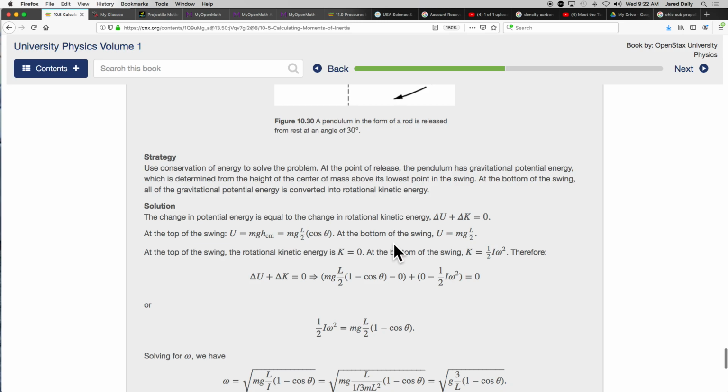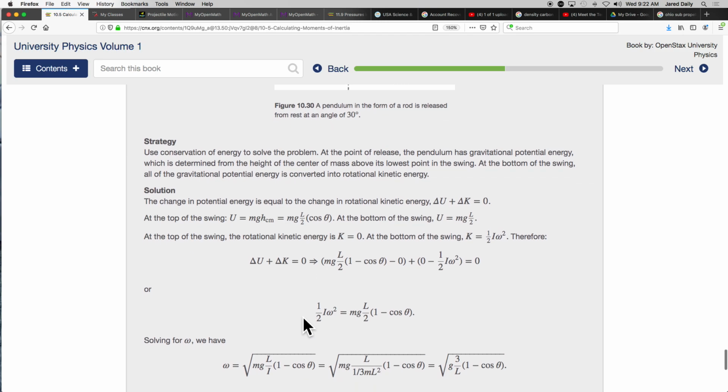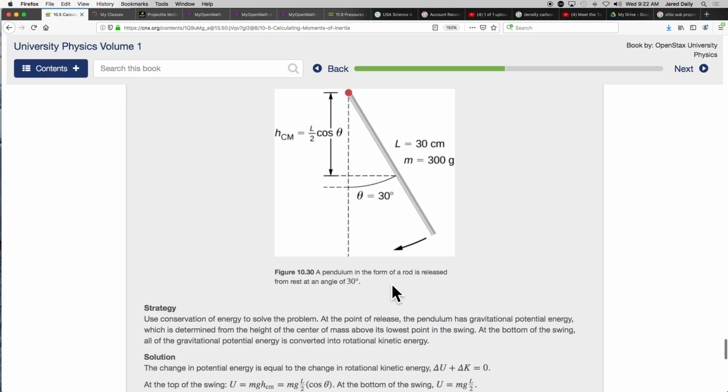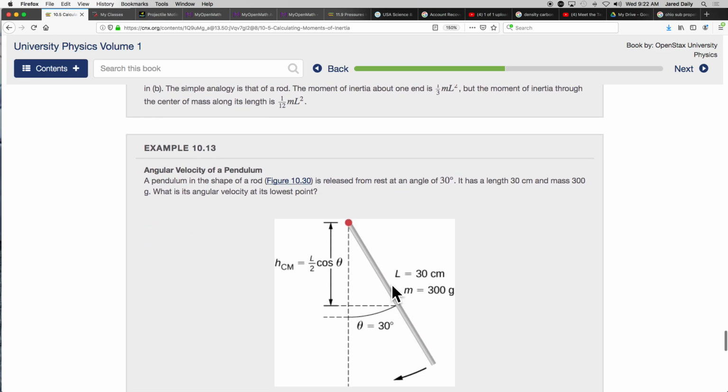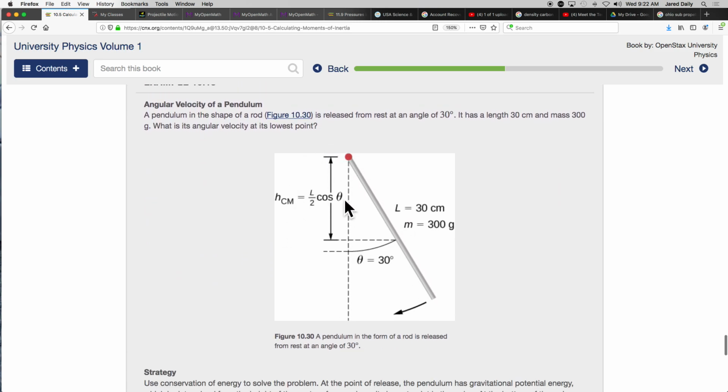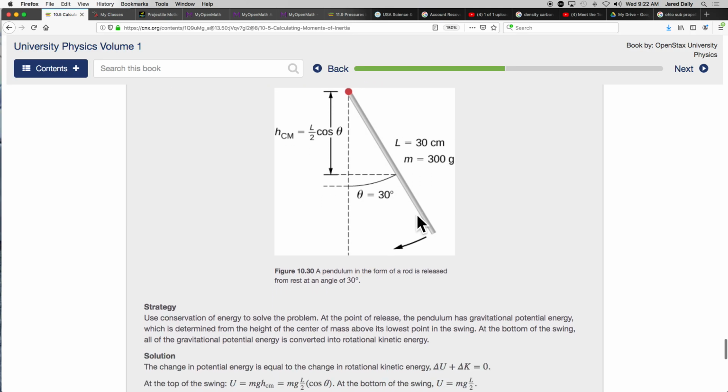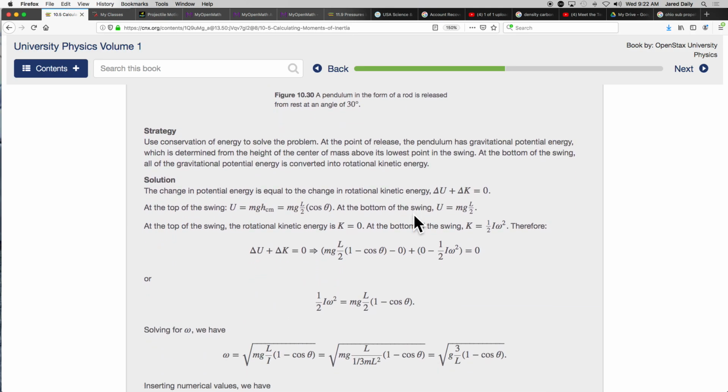So they end up with mgh equals 1/2 I omega squared, and this 1 minus the cosine theta is the result of the trigonometry. Sorry, it's going too fast. From this right here, from the height. So that's essentially your height difference that comes out there with the L over 2.